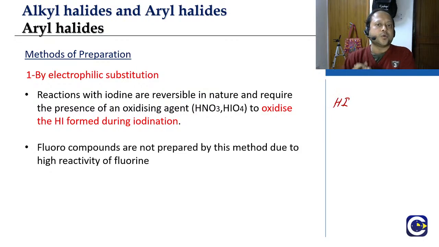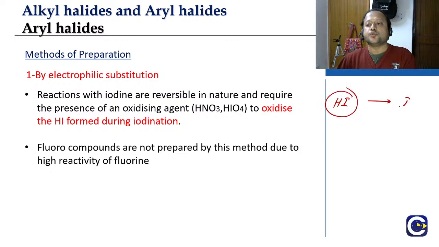If somehow we can remove HI, then as per Le Chatelier's principle the reaction will move forward, because it's an equilibrium. So we oxidize HI to I2 with the help of good oxidizing agents. When it is oxidized to iodine, the chances of going back will be lesser.